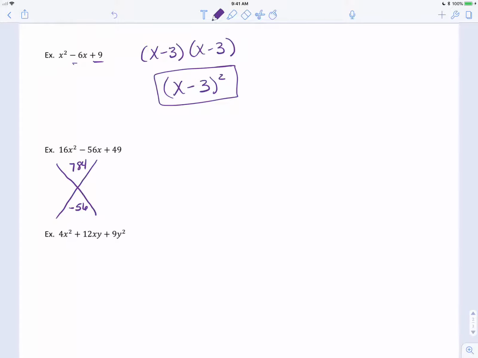Well, you're going to have to sit here and think about all these factors of 784 that add up to be a negative 56, but I'm going to notice that these are both perfect squares, so I'm going to just check and see, would that be 4x minus 7, see how I get the 4, that's a perfect square, and the 7 right here. Let's just see if this multiplies out to be what we would need to check this. That might be faster than coming up with all of these.